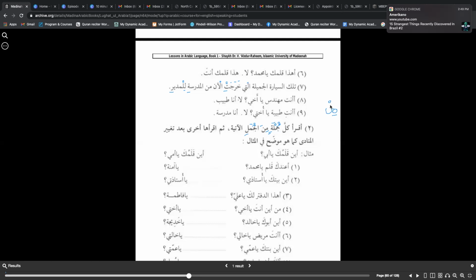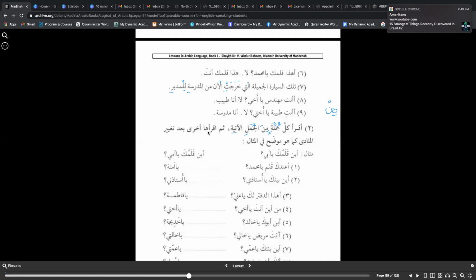You open up the sukoon. The sukoon disappears, and you put a fatha in its place, and you say minal. This becomes a hamzat al-wasl, for the connection, for the flow of reading, and the sound of the noon merges with the lam. So it's minal jumal al-atiyati. So read each sentence from the following sentences.